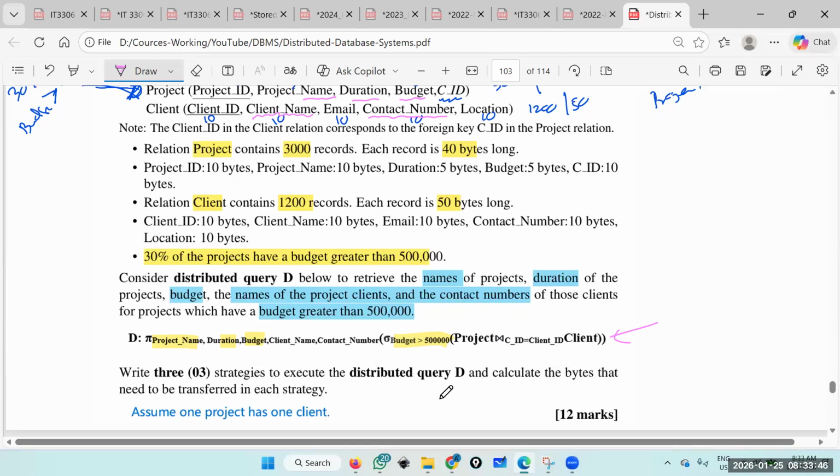Make sure you do it only in one place. That is why all these things are combined together. Rather than taking the sigma to the project table, where you would need to do processing in two places. The examiner has done this to make it simpler. Okay.